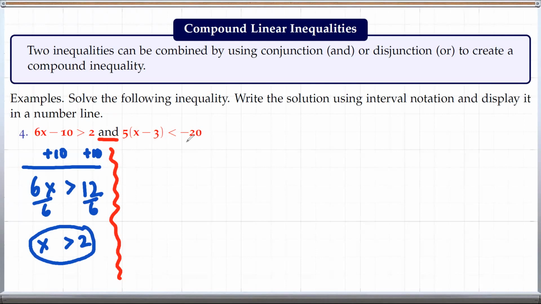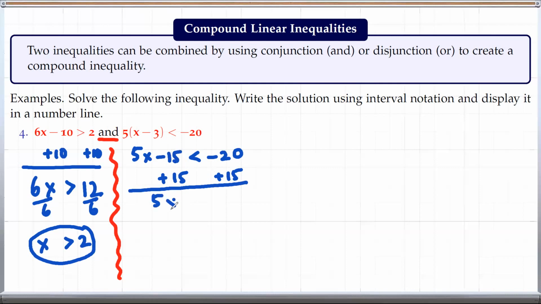And to solve the second one, let's first distribute this 5. So we get 5x minus 15 less than -20. And then we can add 15 to both sides here, because we want to get rid of that -15.